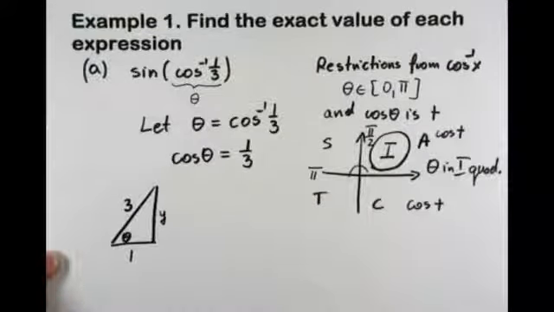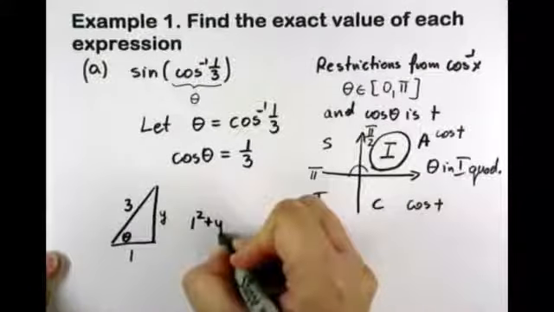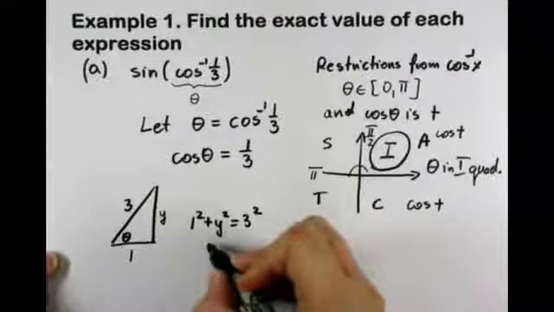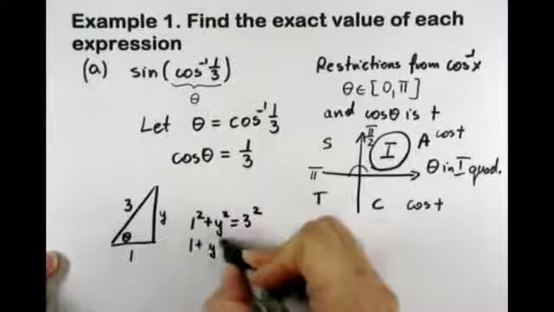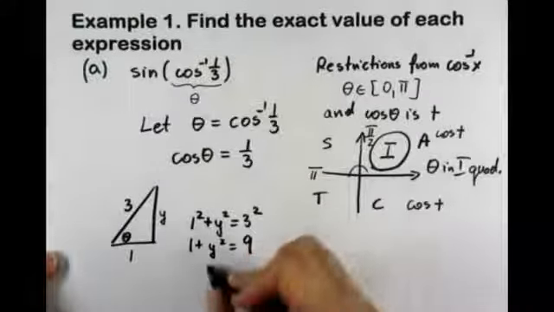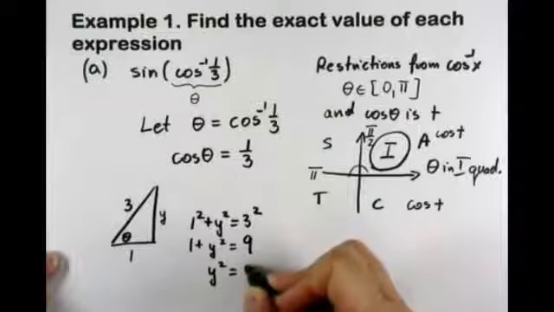And use Pythagorean theorem that 1 squared plus y squared is equal to 3 squared. So 1 plus y squared is equal to 9. Bring this over, so y squared is equal to 9 minus 1, which is 8.